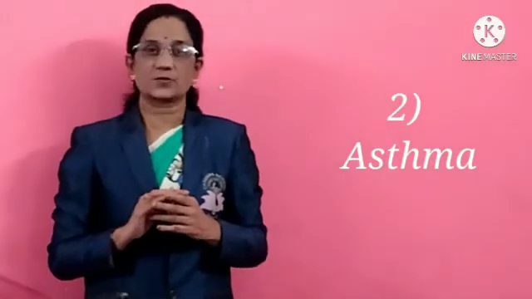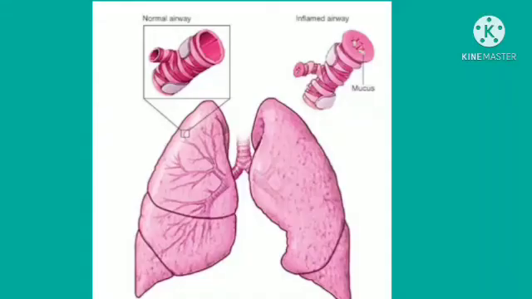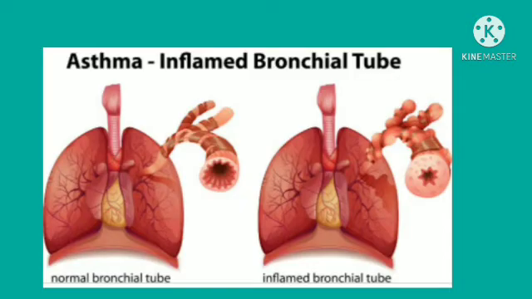Second common allergic reaction is asthma. Students, asthma is more serious. The main signs and symptoms in asthma are that the muscles in the walls of the bronchioles contract, so the tubes get narrower, and this makes it difficult for a person to breathe, and because of this the person wheezes.